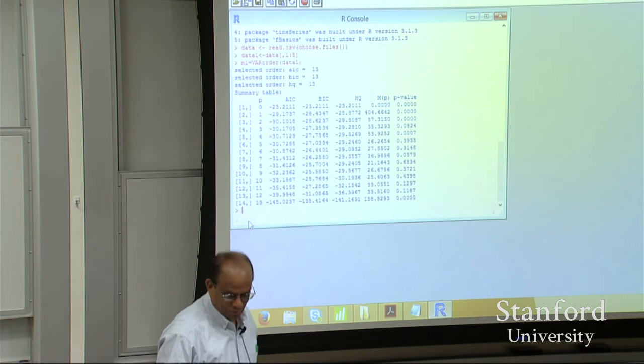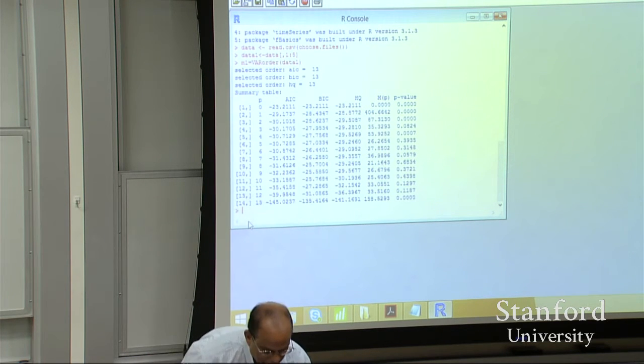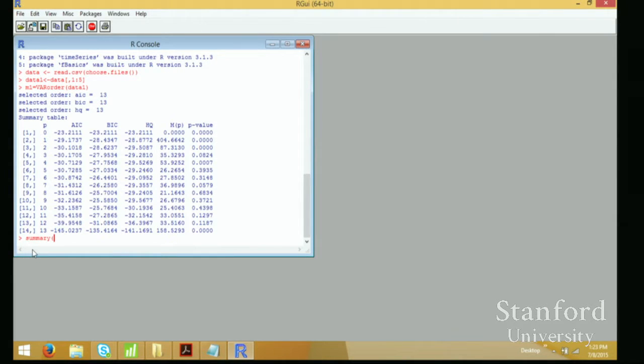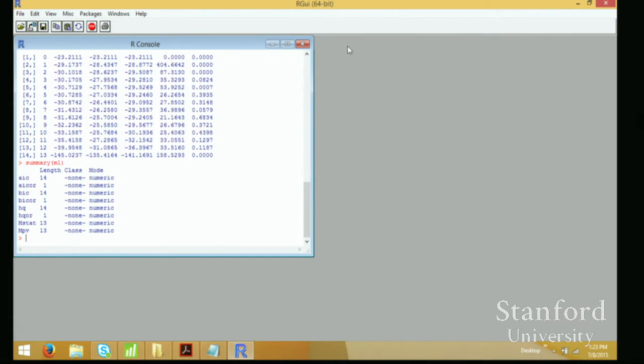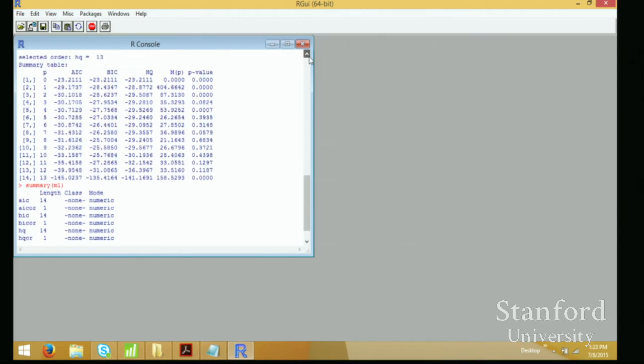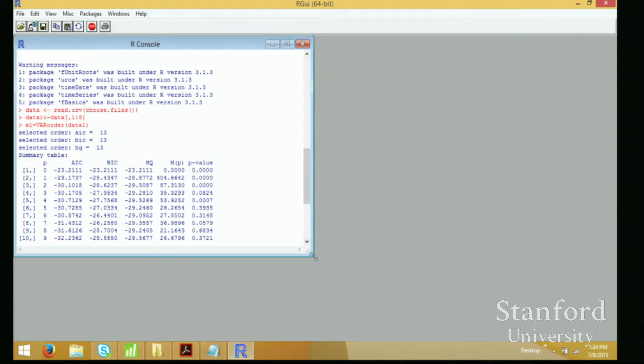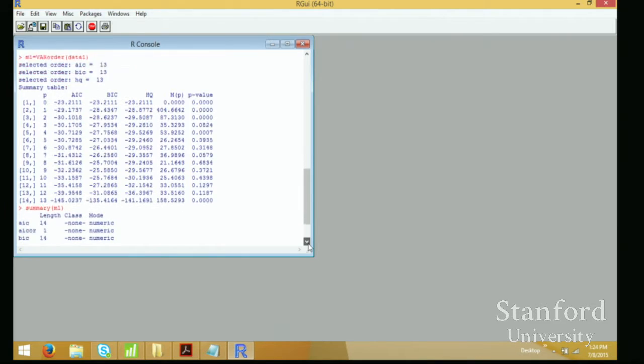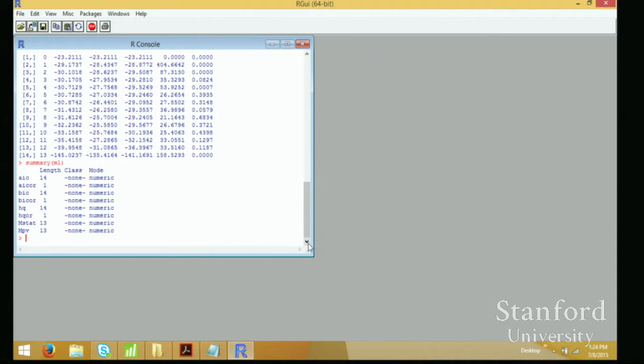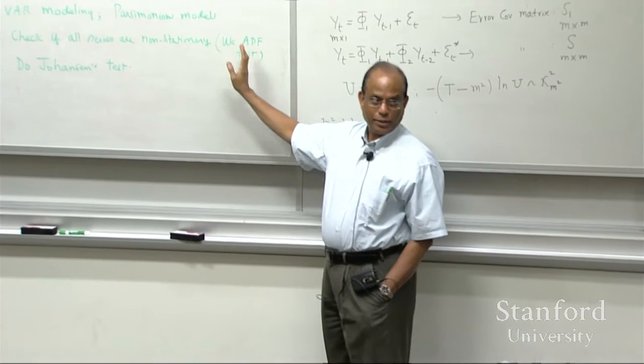Let me see what the summary measure of M1 gives. I didn't bother to check. If you look at the summary measures here, I think it pretty much gives the same thing. Now the second step that you want to do is to check if all series are non-stationary, using the ADF test.